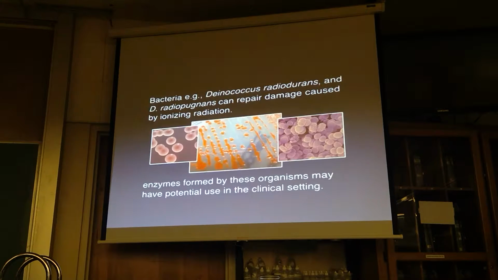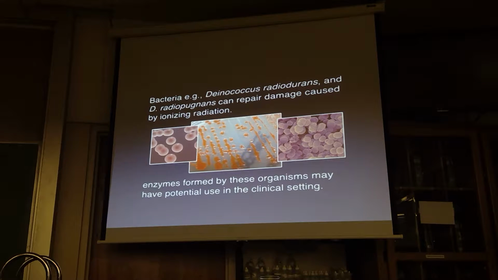So again, ionizing radiation is lethal, but even here, there are some bacteria that are resistant to exposure to ionizing radiation. I mentioned these guys early in the semester, Deinococcus radiodurans. Sometimes these are referred to as Conan the bacterium. They are exceedingly resistant to exposure to radiation.